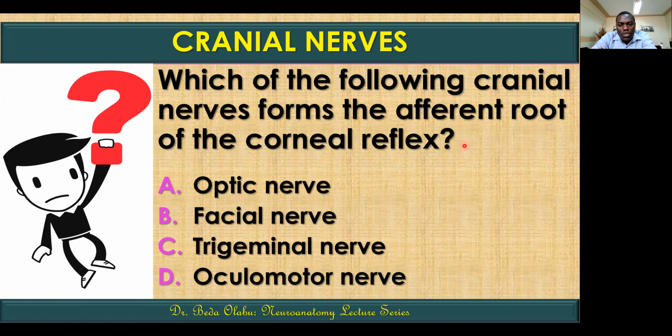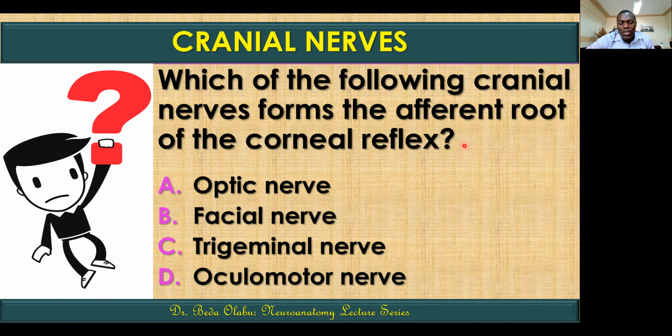When you talk about corneal reflex, I told you that this is about touching the cornea, and then that signal goes to the brain, and then it should respond by you closing your eye. And I told you that's one of the ways of determining whether a person is still alive with you.